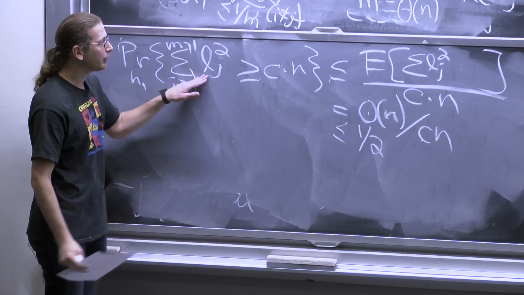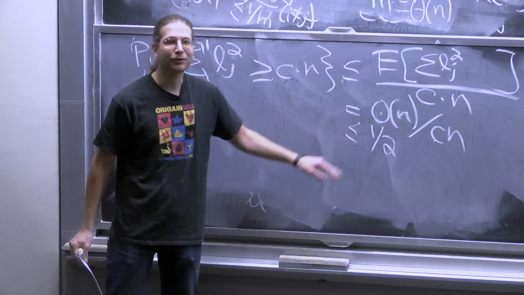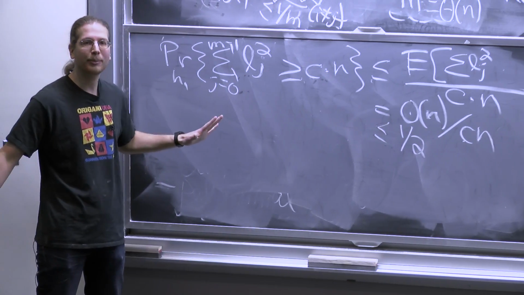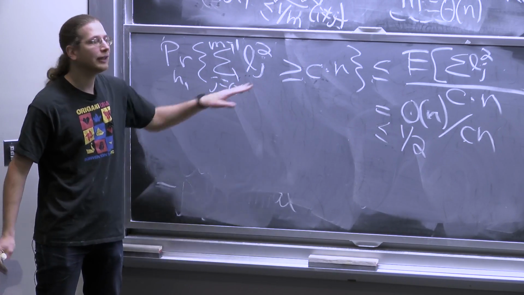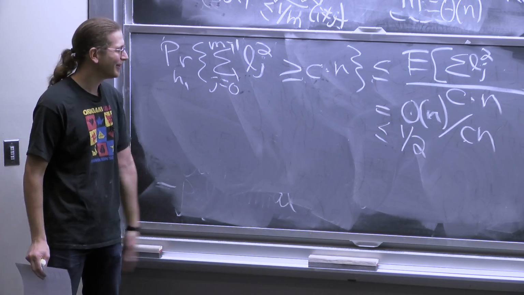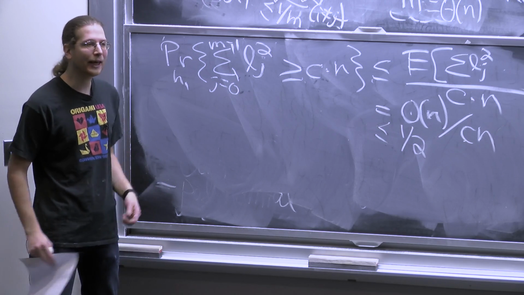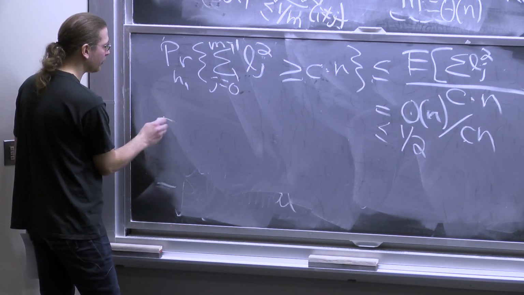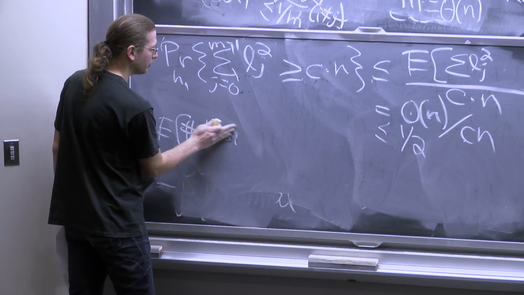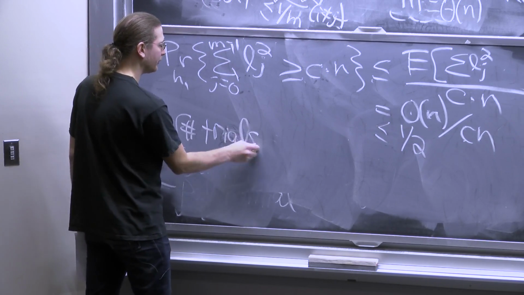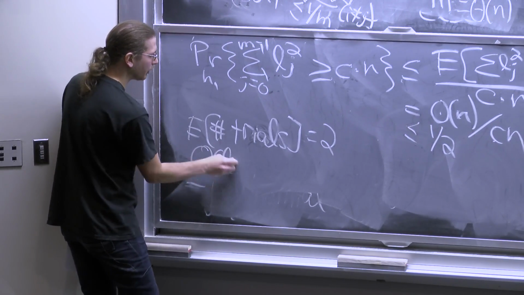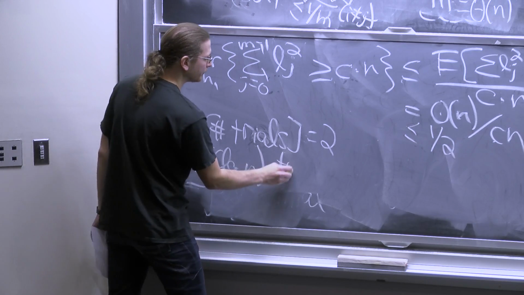So the probability of my space being too big is at most a half. We're back to coin flipping. Every time I flip a coin, if I get heads, I have the right amount of space, less than C times n space. If I get tails, I try again. So the expected number of trials is 2 at most. And it's also log n trials with high probability.